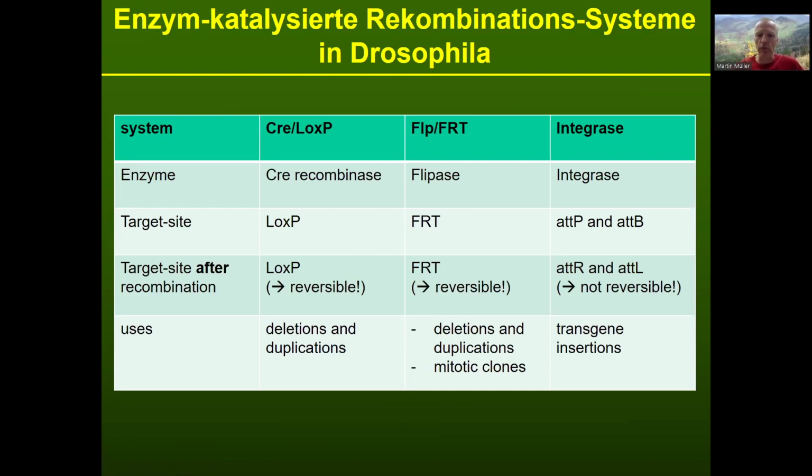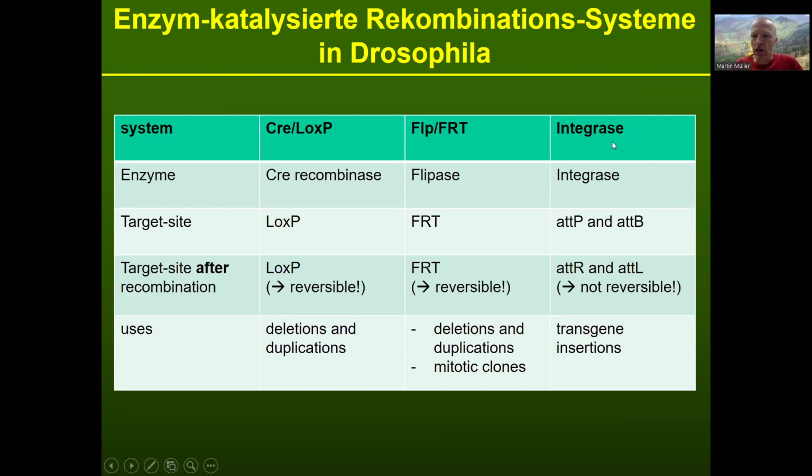That's also very important. In the fly, we use it like Cre in mouse, to make deletions and duplications. And the very important application in fly is mitotic clones. So if we want to make mitotic clones, we use the Flip FRT system, and Gustavo will tell you more about it tomorrow.